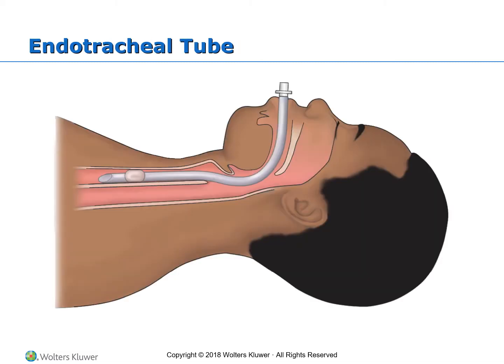ET tubes. With an ET tube, you're passing the endotracheal tube through the nose or the mouth, all the way down into the trachea. And this one has, right here, this thing right here is a little balloon, and it's inflated to keep the ET tube in place.